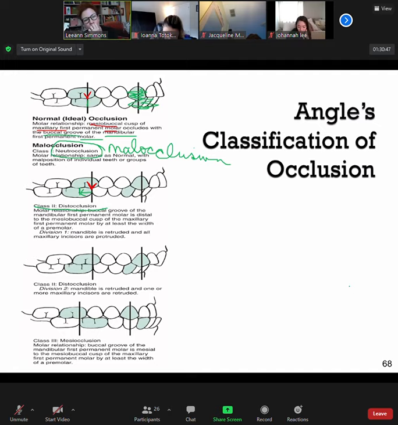Now, this can be of 2 divisions. Here, I'm going to underline class 2 distocclusion again in the next image. Let me find my cursor. Here it is. You can have a class 2 division 1, or a class 2 division 2.